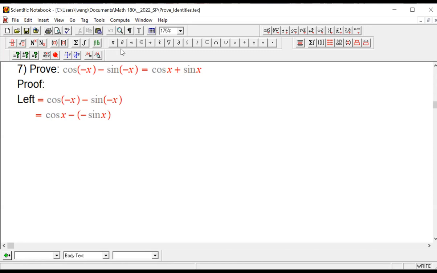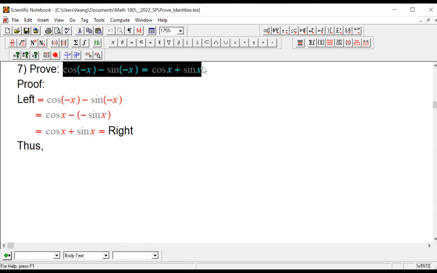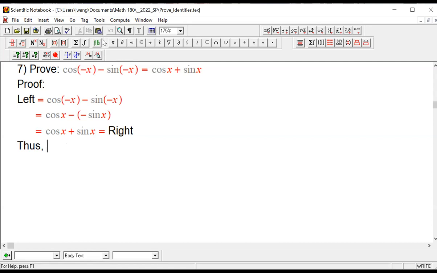So as a result, you get cosine x plus sine x, and that equals the right side. Now you're done, okay? Now you say thus. You certainly can do it from right to left for sure, so I'm going to leave that for you.